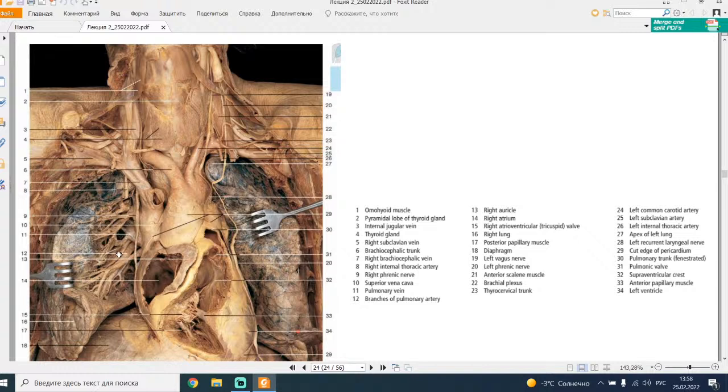This is the pulmonary artery. Artery, vein. This is the lung.